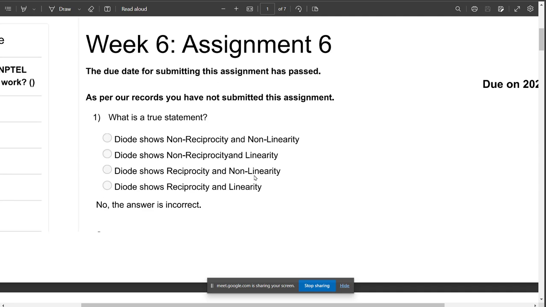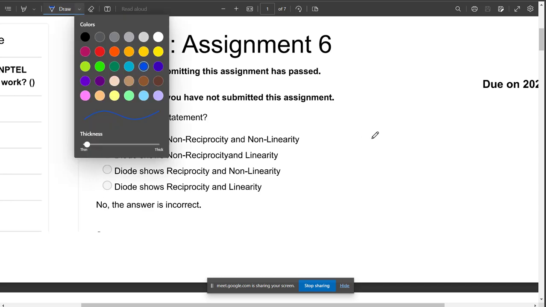Which is a correct statement for this question? Go ahead. No one wants to say anything.